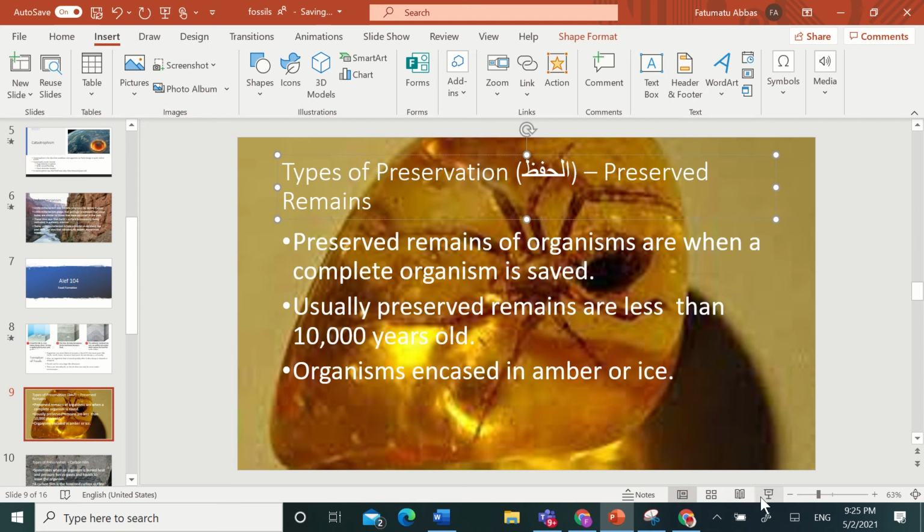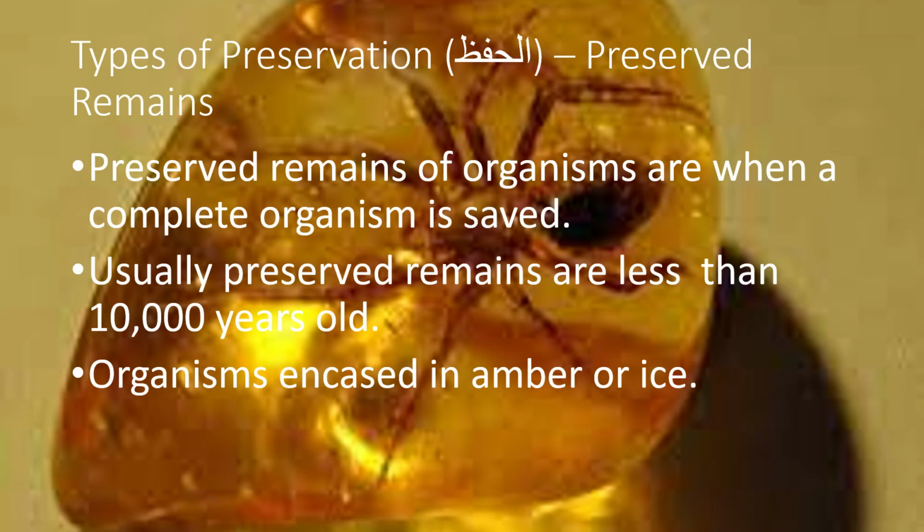Okay, so we have different types of fossils. One type of preservation is called preserved remains. We can have preserved remains of organisms where the complete organism is saved. If you go to the zoo, you can buy these in the gift shop, but this is a piece of amber that has encased this spider. It has wrapped around this spider.